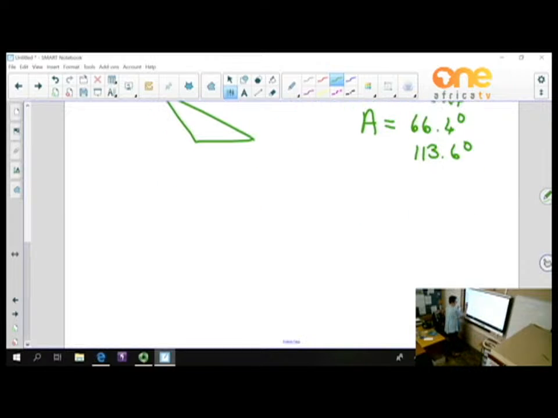Right, question 3. So we've got the sketch there. All that we do here is they've combined it now with algebra. Okay. Now, what they say is the area is 18 square centimeters.